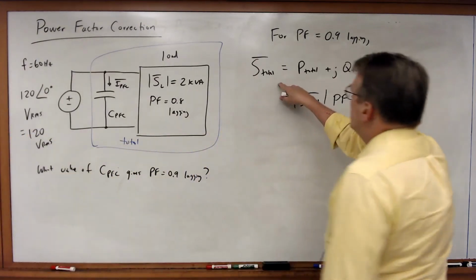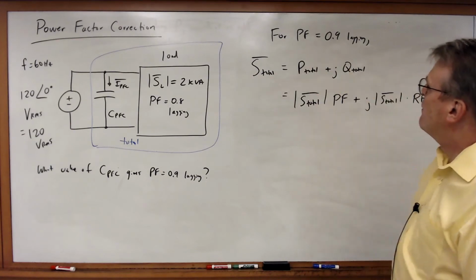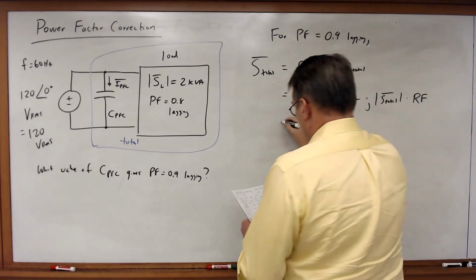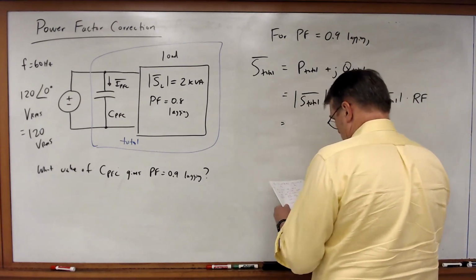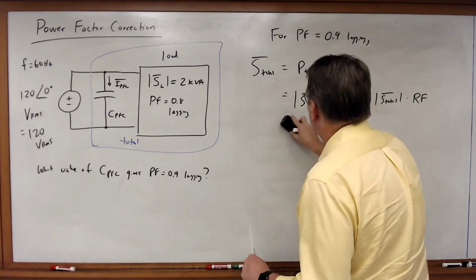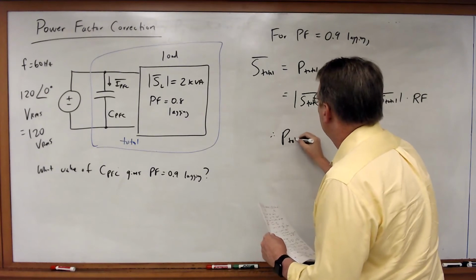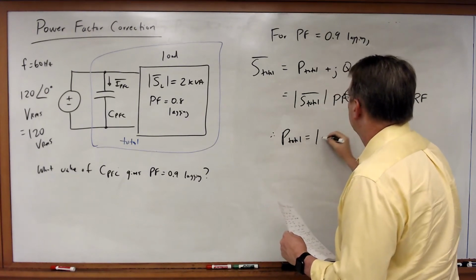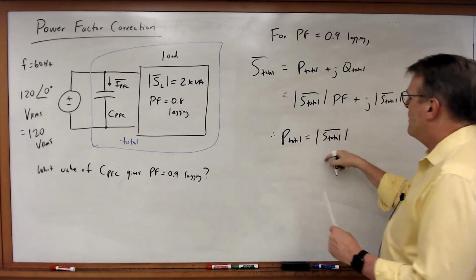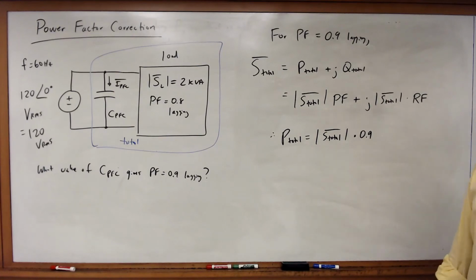So that's going to be our total value of complex power for power factor equal to 0.9, which means that from this, we see that P total is equal to S total, apparent power, times 0.9.